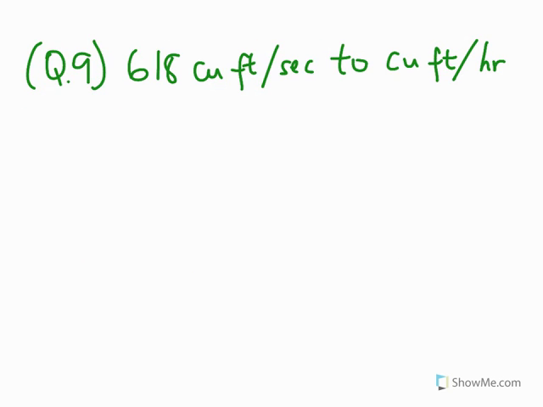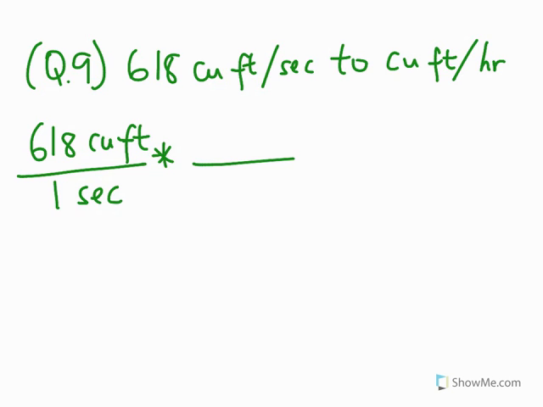Question 9, last but not the least, 618 cubic feet per second to cubic feet per hour. So this is 618 cubic feet per 1 second. Here, as usual, we are changing just the denominator unit, second.